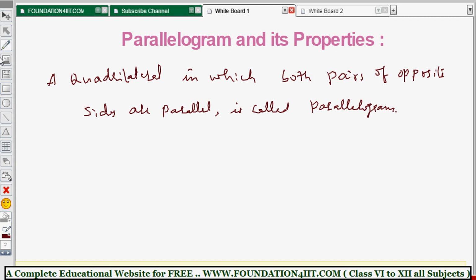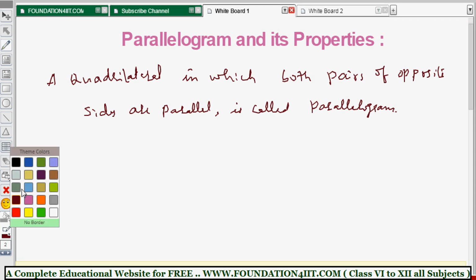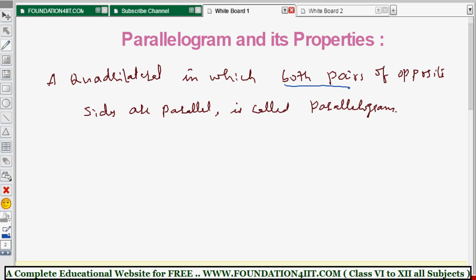So here, both pairs of opposite sides, this is important, both pairs of opposite sides are parallel.